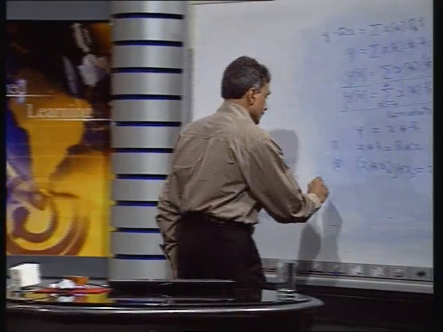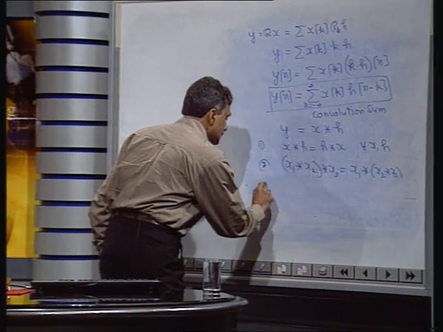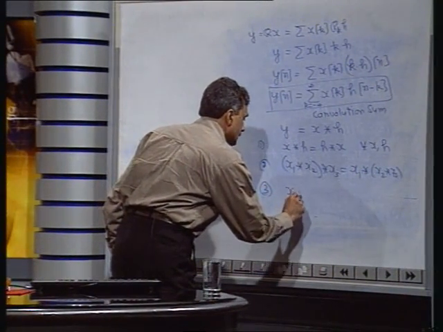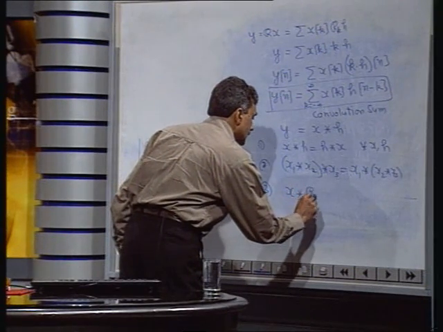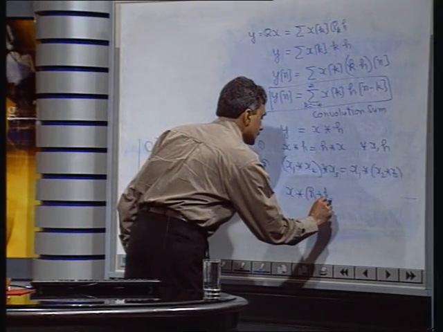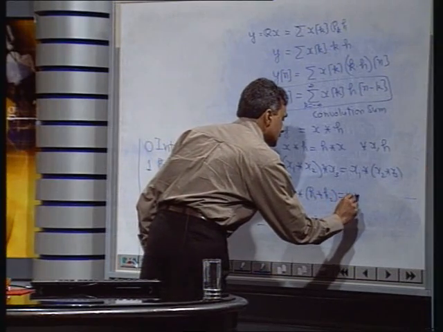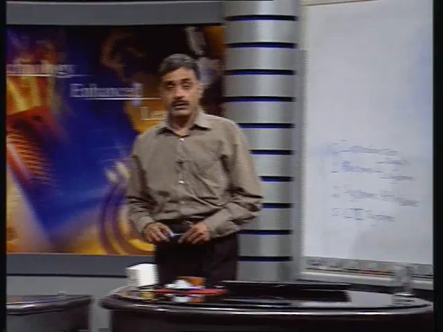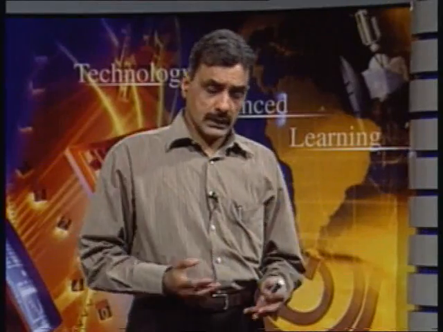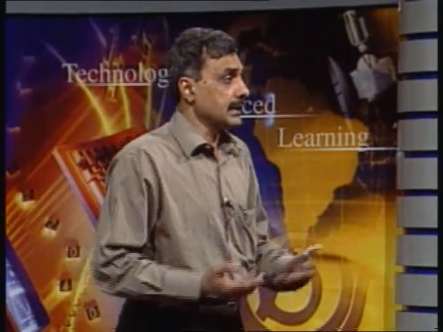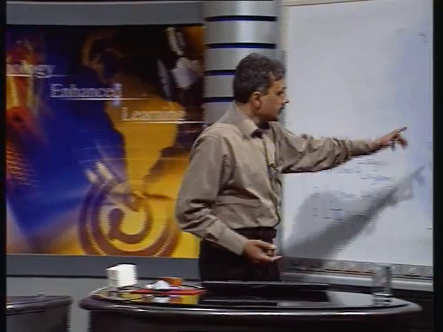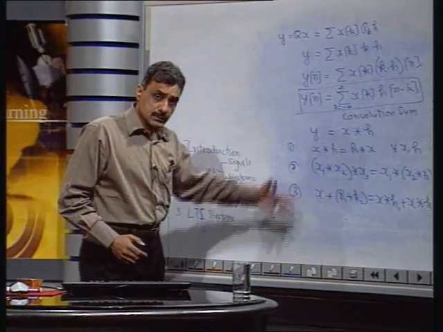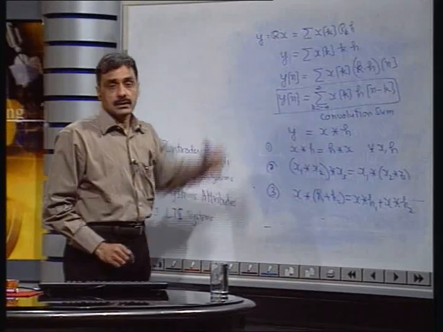That is the third beautiful property that convolution satisfies, that is, x star (h1 plus h2) is nothing but x star h1 plus x star h2. These properties are very vital when we try to analyze a system. They are quite handy. So let us see the implication of these properties in a particular context.